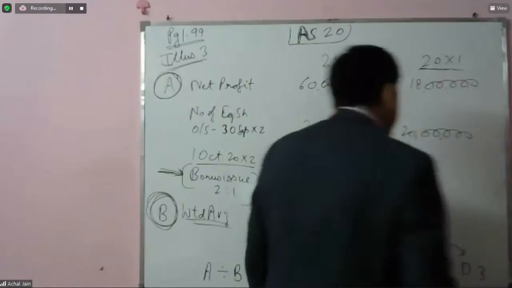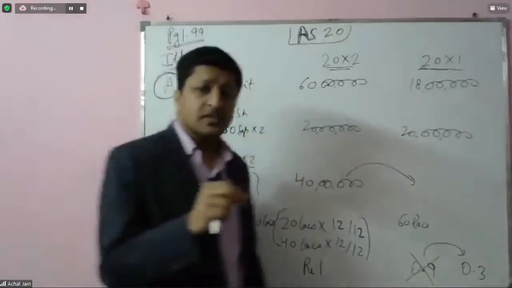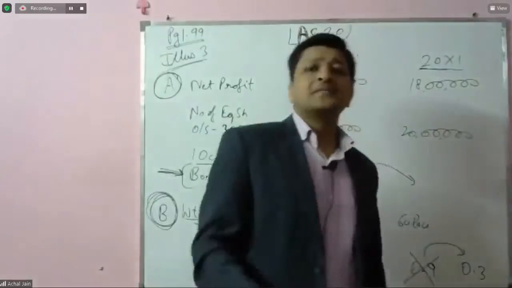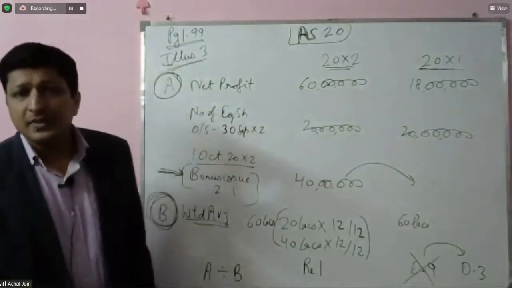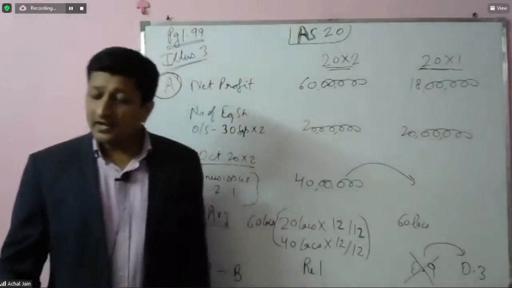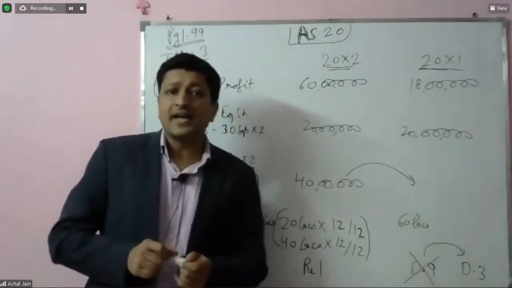So you can see that when I show this in the P&L of the current year, the comparative that I'll have to show will be 0.3 per share and not 0.9 per share. And please understand this will be the right comparative. Why?